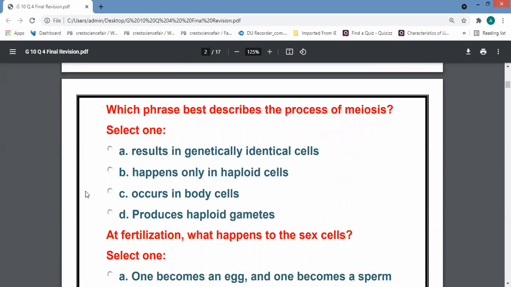Next, which phrase best describes the process of meiosis? Which one of these choices best describes the process of meiosis? It results in genetically identical cells, happens only in haploid cells, occurs in body cells, produces haploid gametes. Which one?